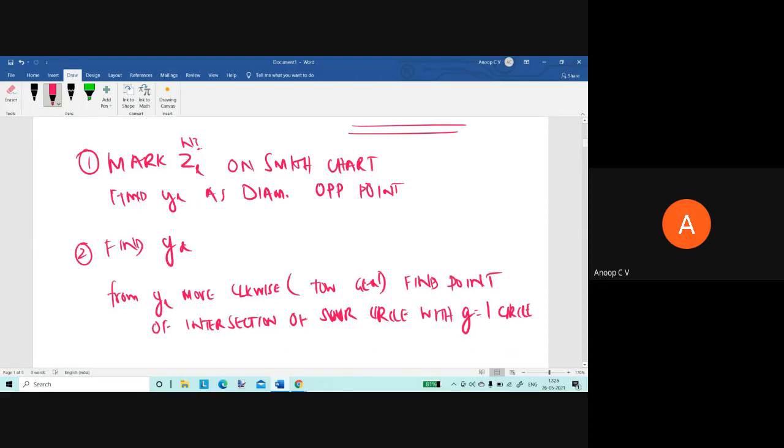So YL we marked. YL is nothing but point E. From point E, I should move clockwise and find the first point. When I say point, it should be the nearest point.